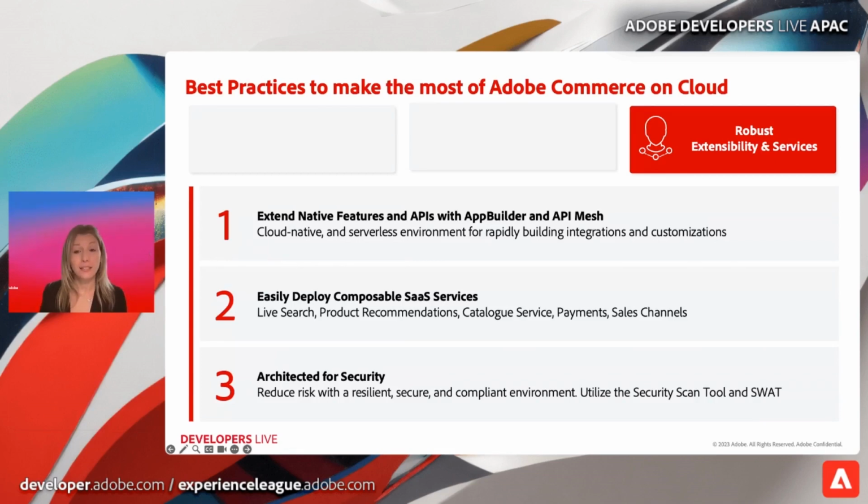Something that is not highlighted in the slide, but we also provide you with Fastly with Commerce on Cloud, and Fastly includes a WAF, or Web Application Firewall, which helps you protect your site by filtering and monitoring HTTP traffic between the web application and the internet.